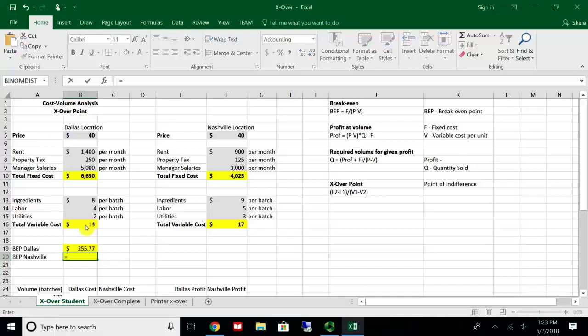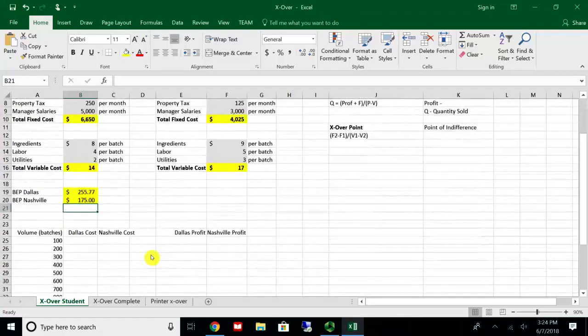And I'm going to do the same thing for Nashville, same type of formula. So in Nashville, I only have to sell 175 batches. That still doesn't tell me anything about the crossover point, but it does give me some idea about how much volume I have to do in order to make any money.